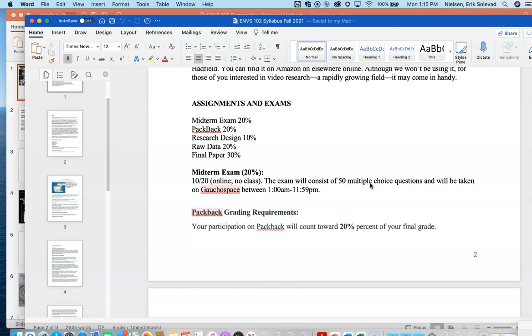Is this an experiment? Is it a comparative historical analysis? Is it a survey? Is it an ethnography? Those kinds of questions. So you'll see a number of different examples of the different types of studies that are there.